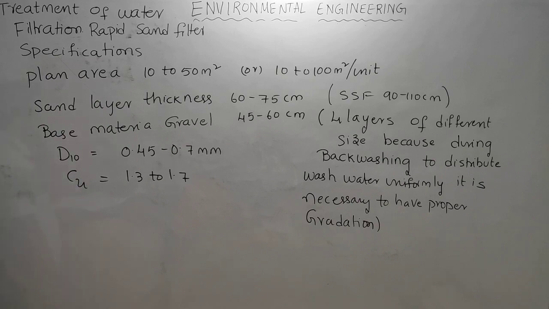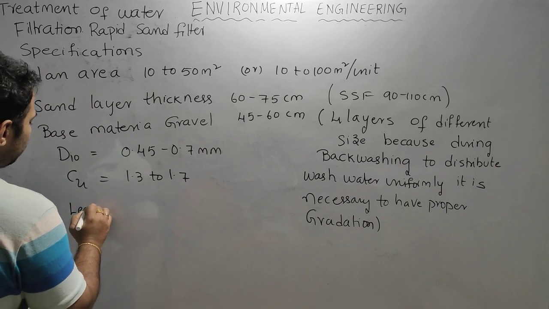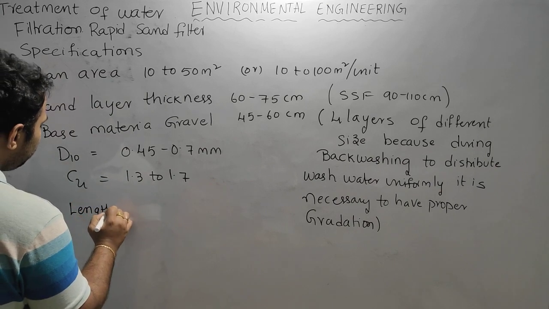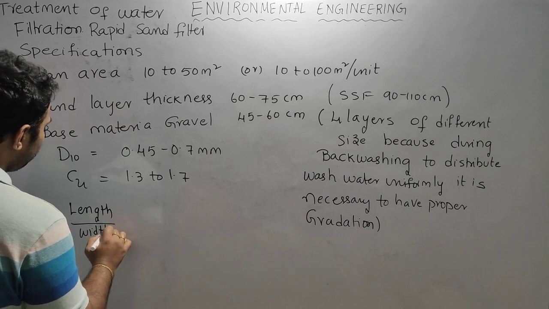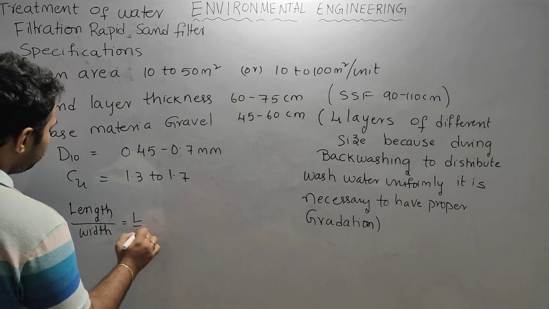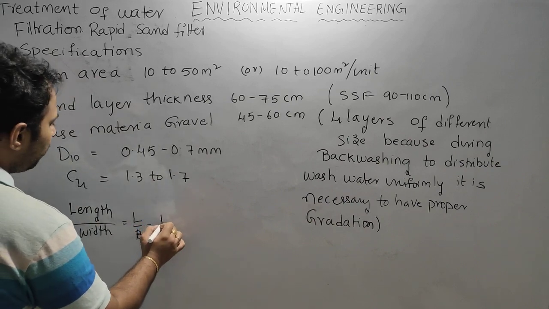And here length to width of this filtration tank, L by B, approximately ranges between 1.25 to 1.33.